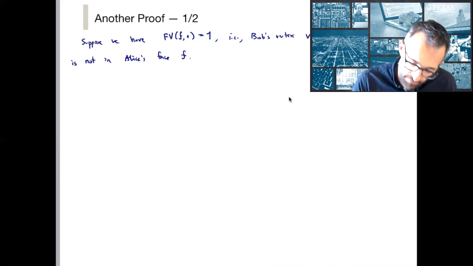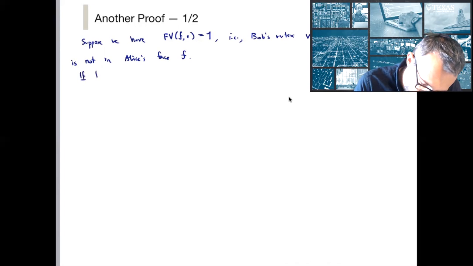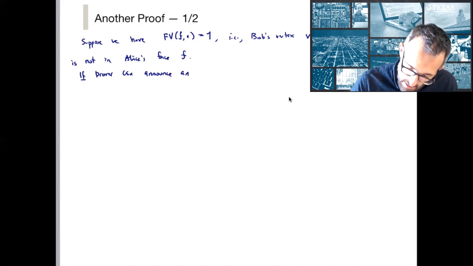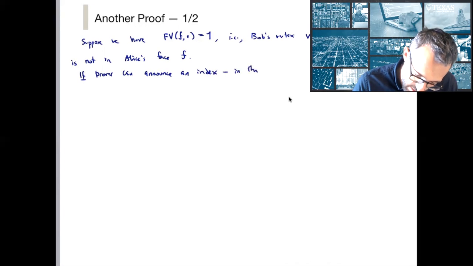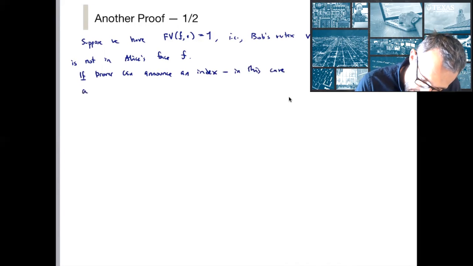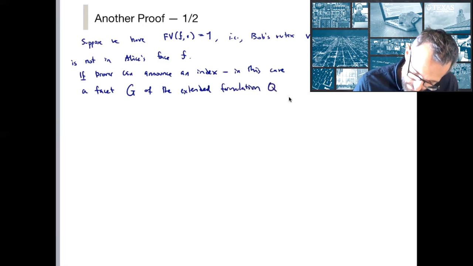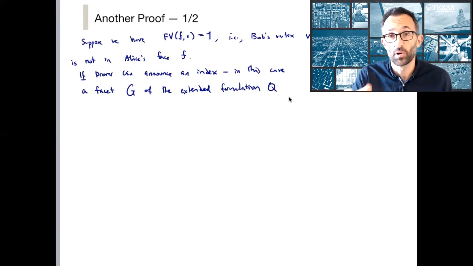So the key is the following. If the prover can announce some hint, which in this case is going to be a facet, an index, in this case, a facet G of the extended formulation, so that means that G can take one of R values.